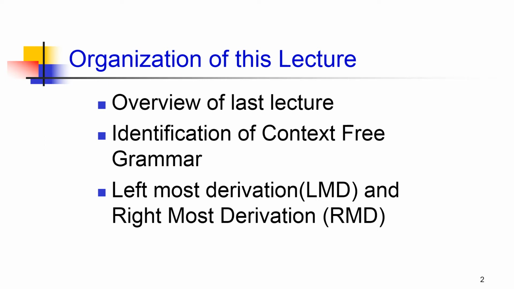We had picked already what is grammar. In today's lecture, we are going to specifically identify what is context-free grammar. Further, we will move ahead with leftmost derivation and rightmost derivation.